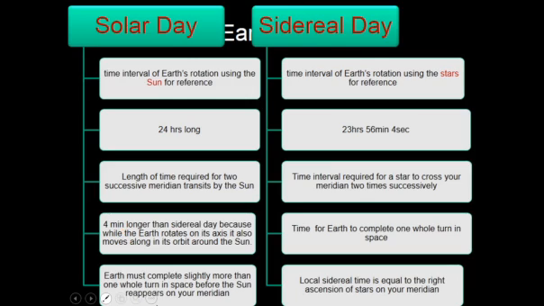So Earth must complete slightly more than one whole rotation in space before the sun reappears on your meridian. The sidereal day can be considered as the time required for Earth to rotate one whole turn in space, so it is equal to the right ascension of the star on your meridian.